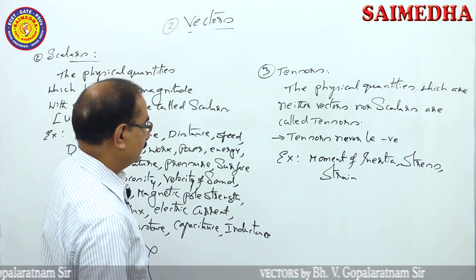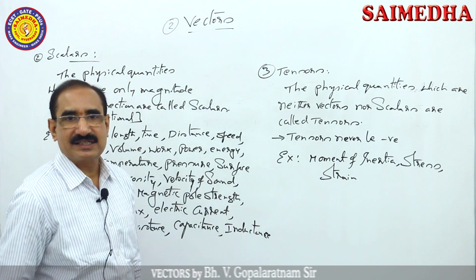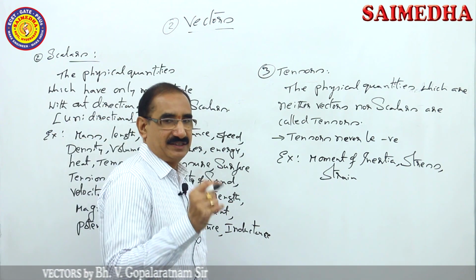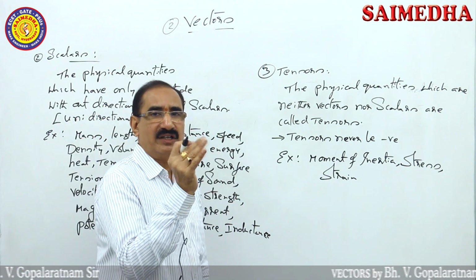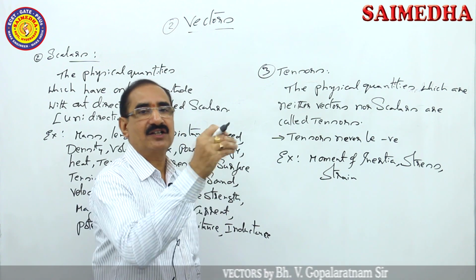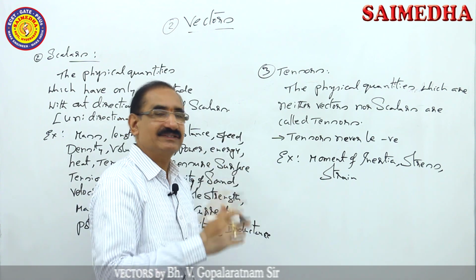Here, some physical quantities like an element, small length, small area, are taken as vectors.